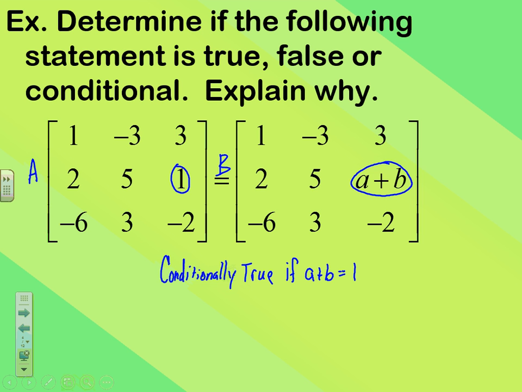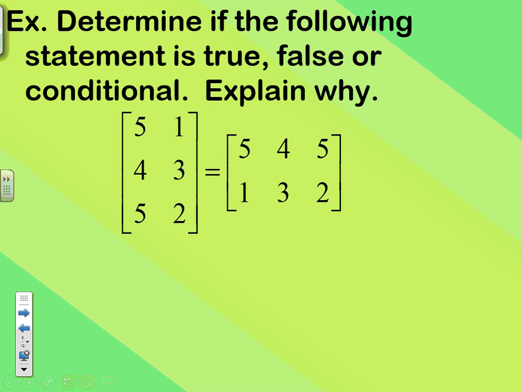If a plus b, however, did not equal 1, then no. Obviously, that one element not matching up would say that the matrices are not equal to each other. So that's why we say it's conditionally true. It could be true if a plus b is equal to 1, but it could also be false if a plus b is anything other than 1. So that's what we're looking at there. Conditionally true because of that one tiny little hiccup.